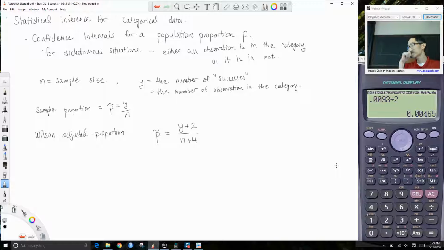Now why would we do such a thing? What this does is it's fudging the numbers, but it's okay that we're doing this.